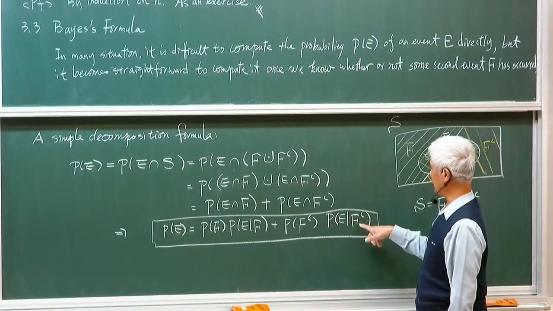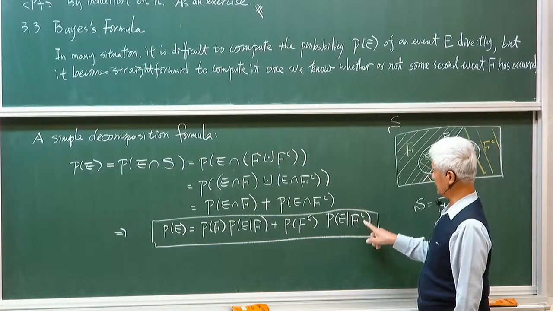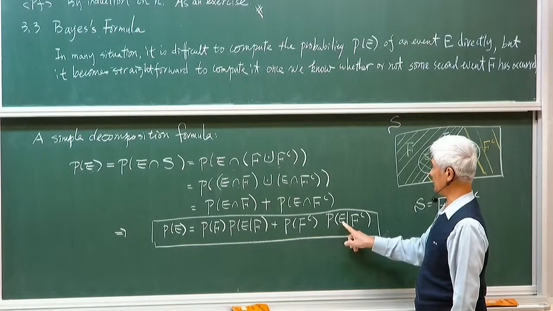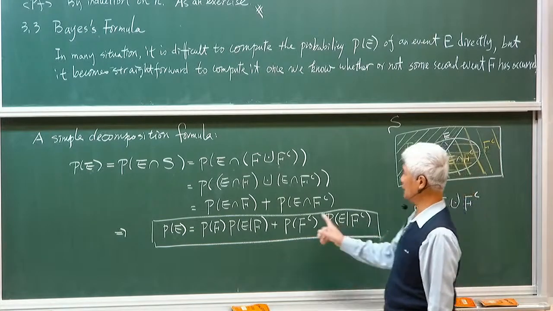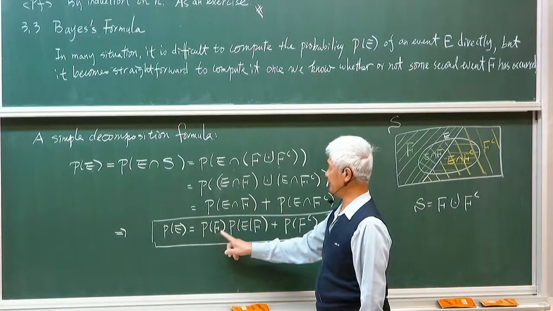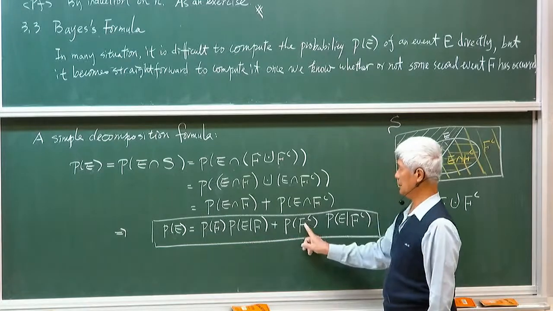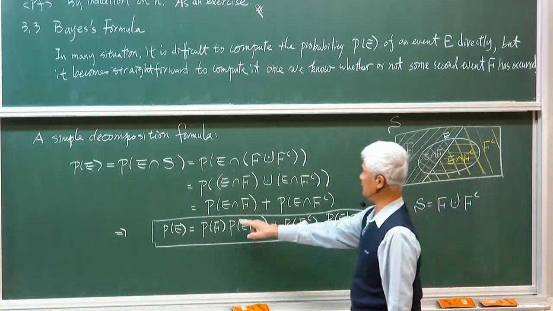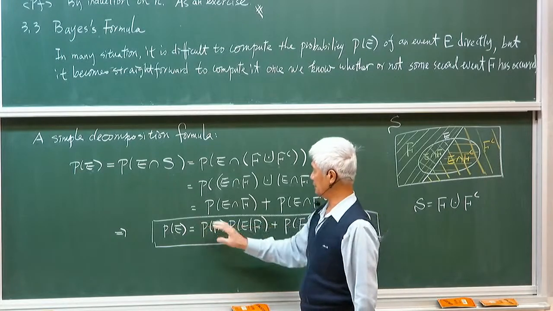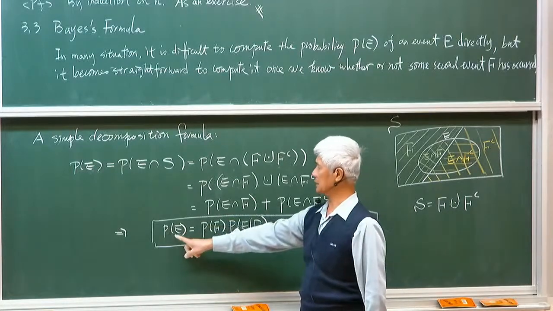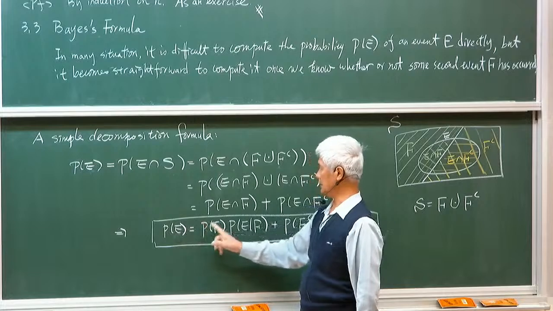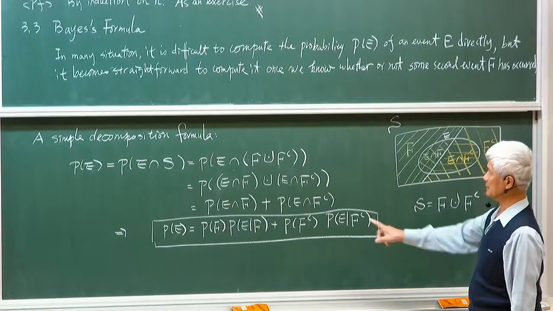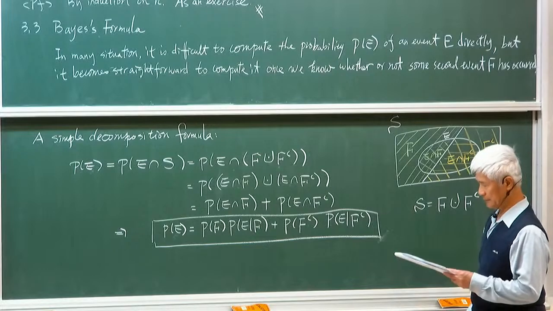And you also know the probability of F and the probability of F complement. With all this information, by this formula, you can compute the probability of event E indirectly. So this is called the simple decomposition formula.